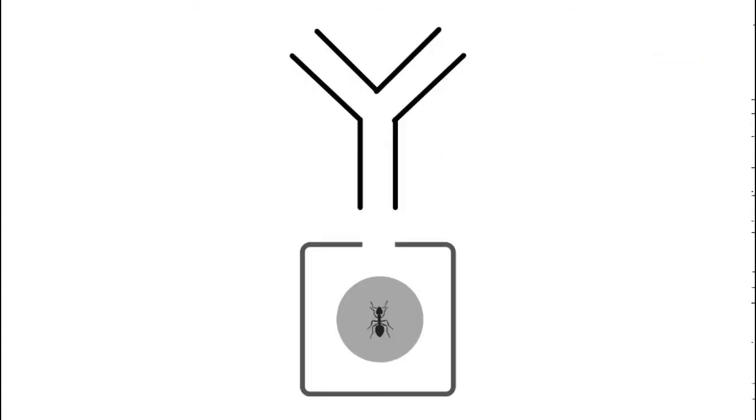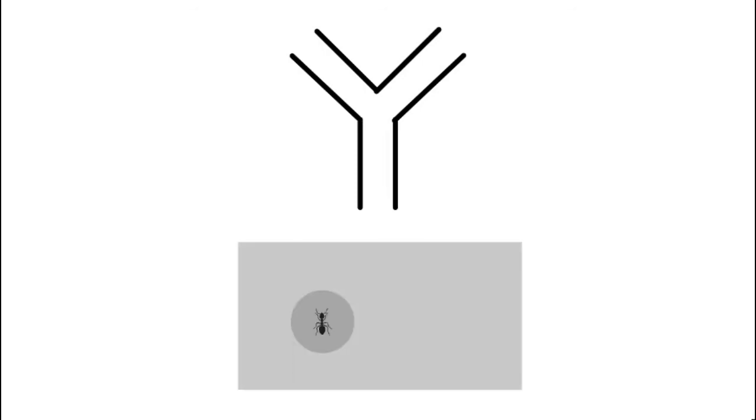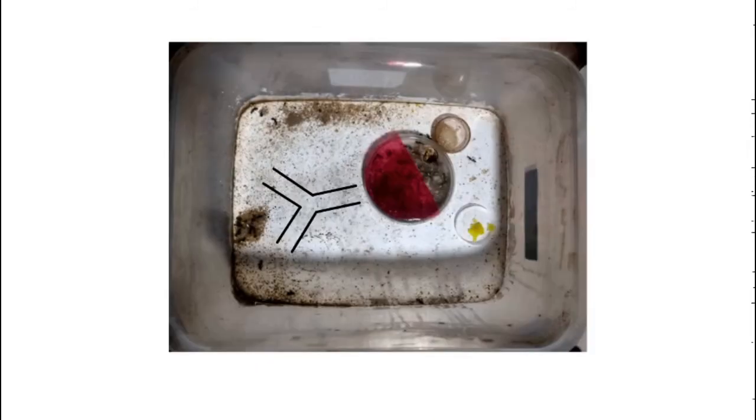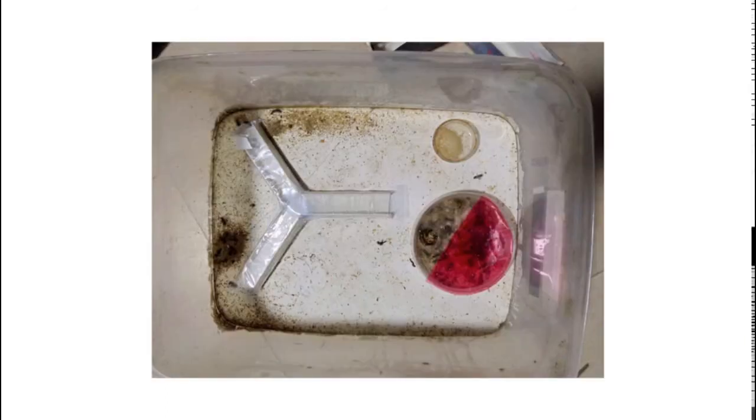So I detached my Y structure from the entire apparatus, and this Y structure was kept inside the ant housing. So this is the ant housing, and on one side of the Y structure is some sort of positive reinforcement, that is food, and all other sources of food are removed. That is the only source of food, and this is how it looks in real life.